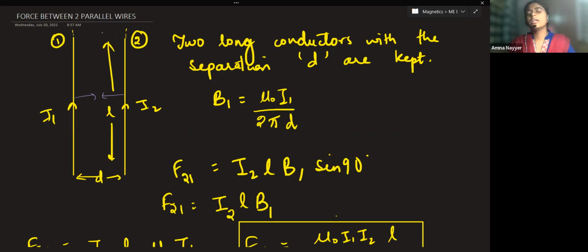If one is going towards the left and the other towards the right, both are moving in opposite directions. One current is moving upwards, the other downwards. Then they will repel each other.